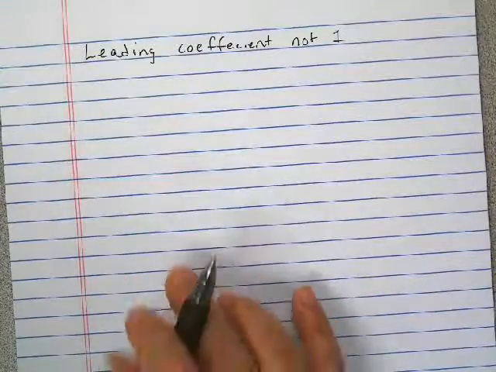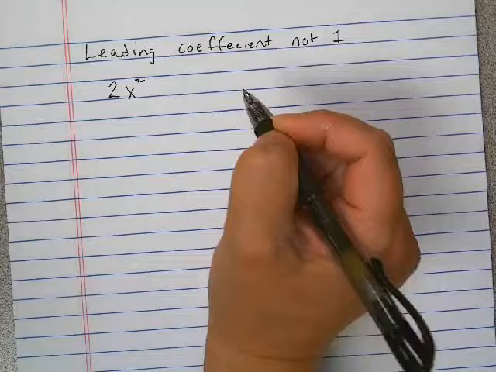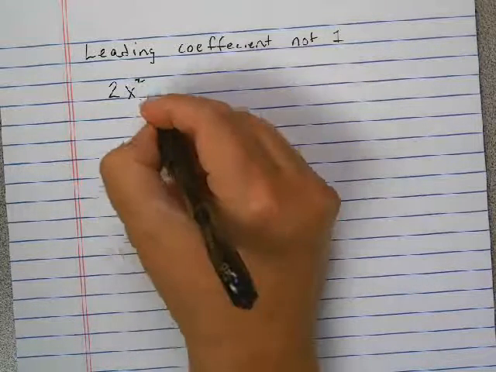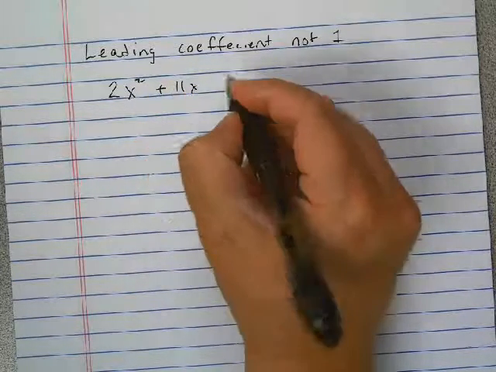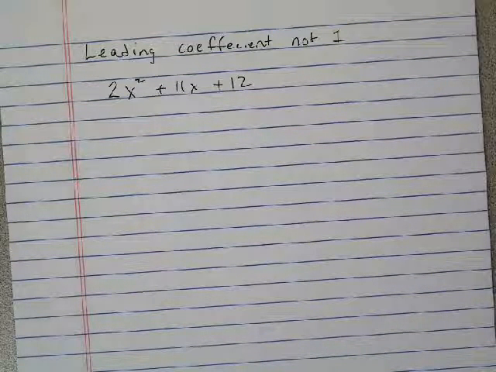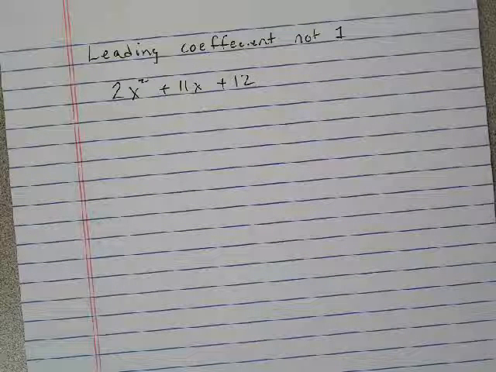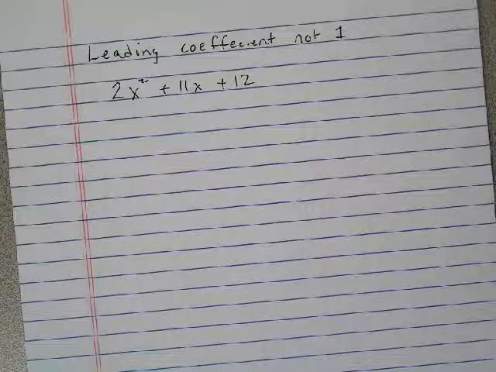So let's talk about factoring when we have a trinomial, like 2x squared plus 11x plus 12. The thing that is different about this one is, if you look at the number that's in front of the x squared, we haven't had one like this yet.